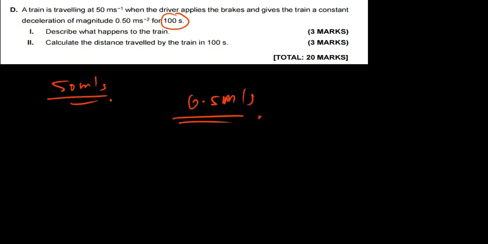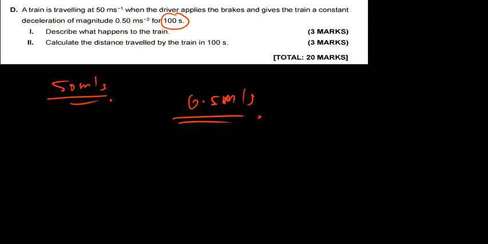So every second, for 100 seconds, the train was changing by 0.5 meters per second. I think you're getting the logic there. So in short, the brakes were not enough for the train to stop moving. That's the reason why it just kept on moving with an acceleration of 0.5.